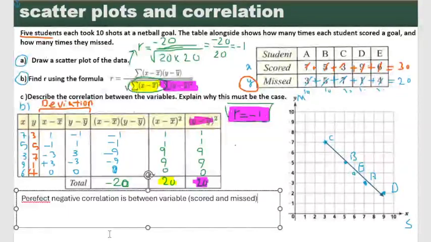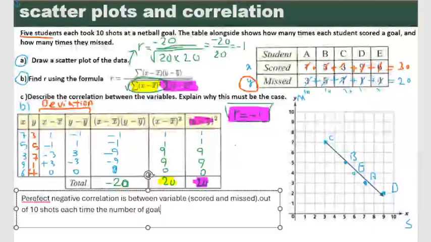So out of 10 shots, each time the number of goals scored increases by 1, then I said the relation between them is 1.